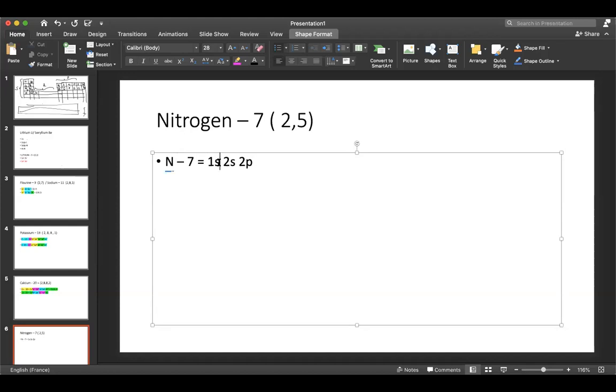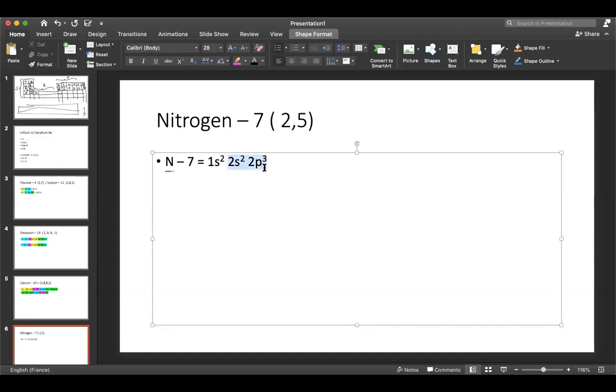How many electrons are occupied by the first orbital, that's the s? 2. Second one? 2. And the last one? 3. So that is it.